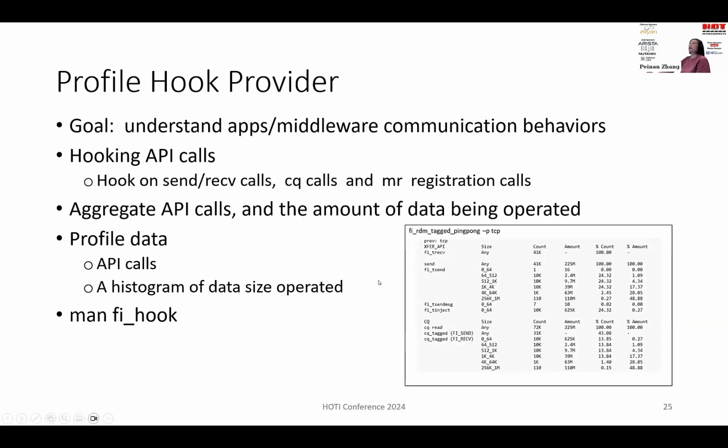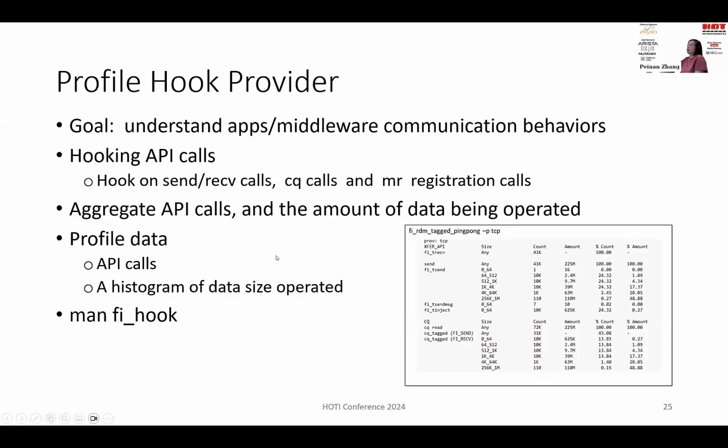First, let's look at the profile hook here. It intends to help understand how the communication API is being used by application middleware. It is a hooking provider built using the Libfabric hooking mechanism. It hooks send receive calls, completion calls, and memory region registration calls.